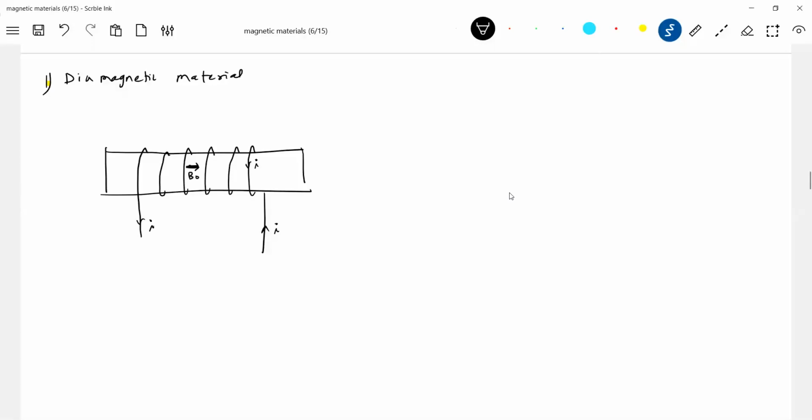The induced magnetic field will come in this direction. How is that induced magnetic field, I think we wrote Bm, no? It will be opposite to the external magnetic field. What is B naught? B naught is the external field.